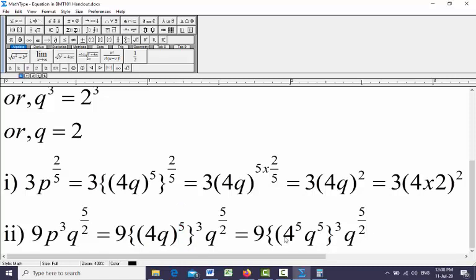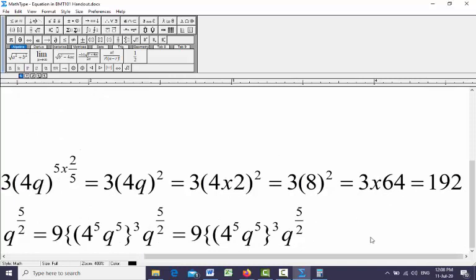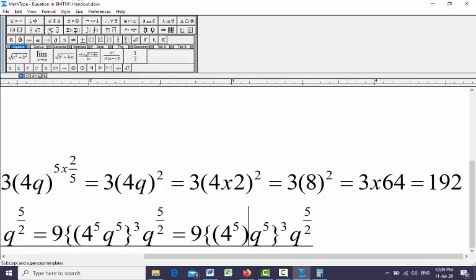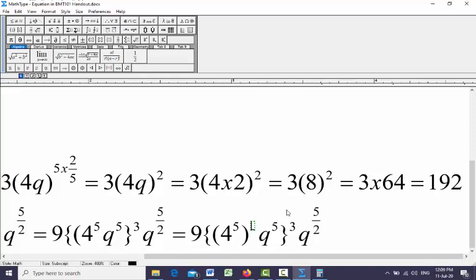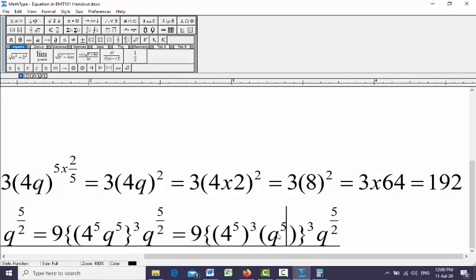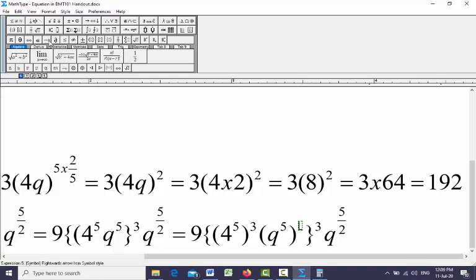Now again, we will distribute this power 3 to all the elements of the inside materials, right? So if you distribute this power 3 to this power 5, then we will have these.